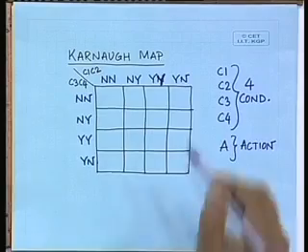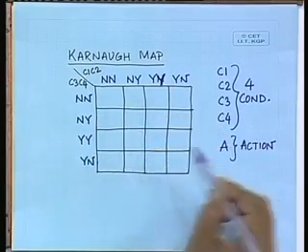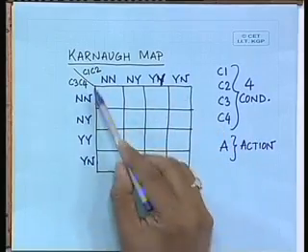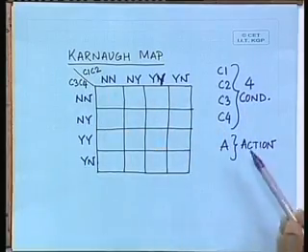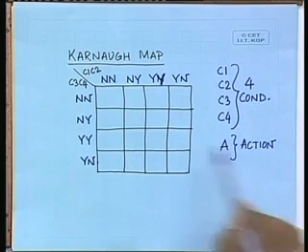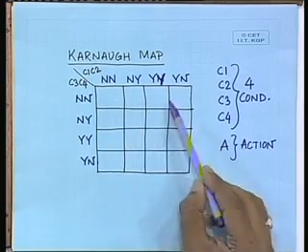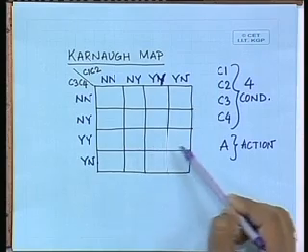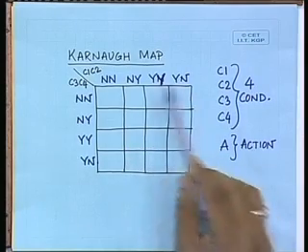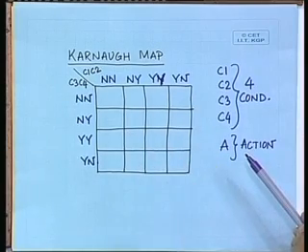Now, see, if there are 4 conditions and each is binary, then how many boxes do you require? You require as many as 16 boxes. So, look at these, we have 1, 2, 3, 4, 5, 6, 7, 8, 9, 10, 11, 12, 13, 14, 15, 16 boxes here, alright.